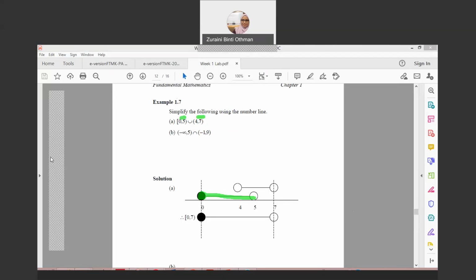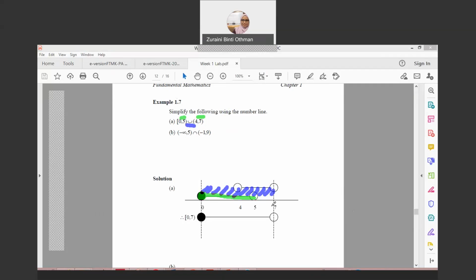Okay, so now the operation here is union, right? This is union. Okay, so now when it is union, meaning that dia nak semua benda dia bukan intersection. Dia nak semua yang ada yang lalu dekat situ. Maksudnya apa yang di sepanjang interval tu, yang semua yang di cover.